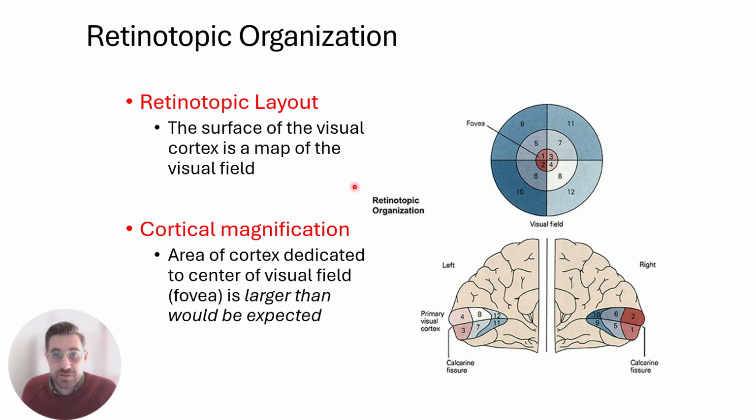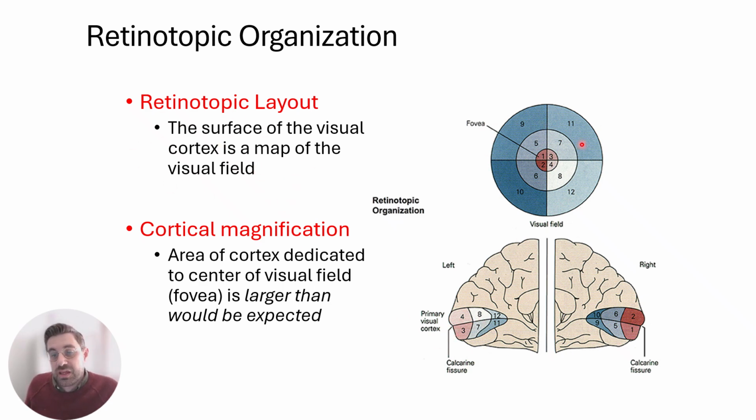There's an interesting additional phenomenon here where not only are we getting signals from the right and left visual fields, but we're also getting signals from the center of our visual field, the top, the bottom, the corners. And our occipital lobe is laid out in a retinotopic layout.